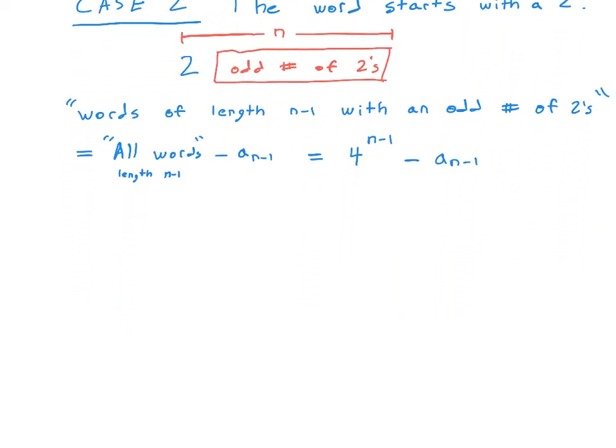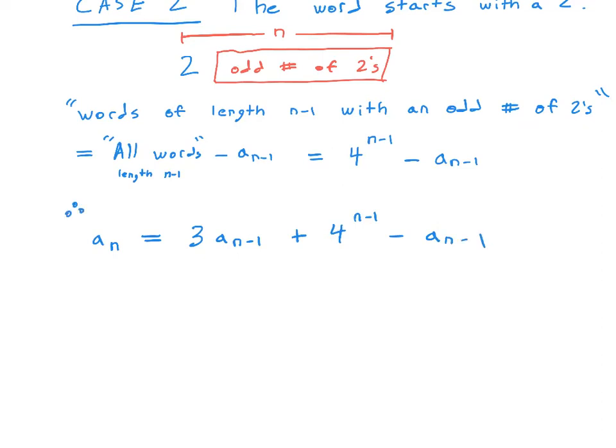So a sub n is equal to adding together the result we got from case 1 and case 2. So in case 1, we got 3a sub n-1. And in case 2, we got the number right from above here, 4 to the power n-1 minus a sub n-1.